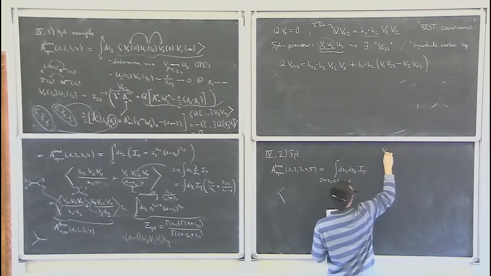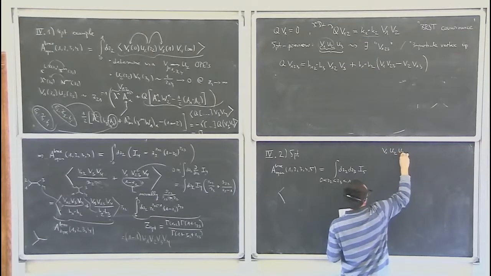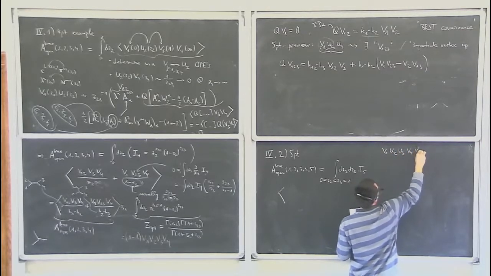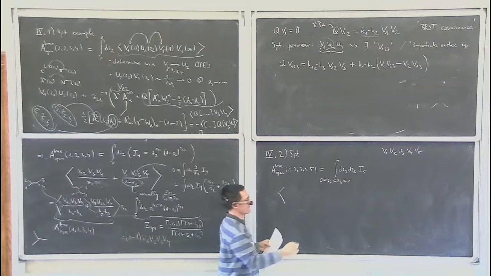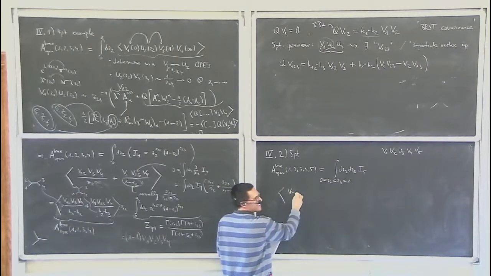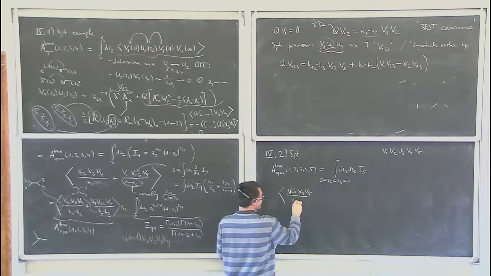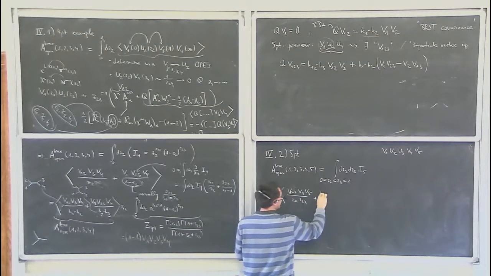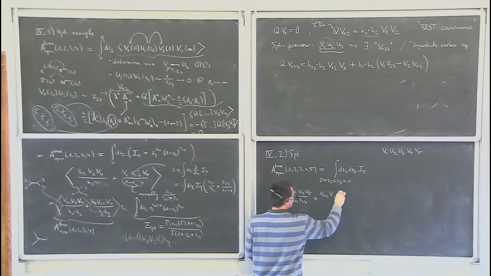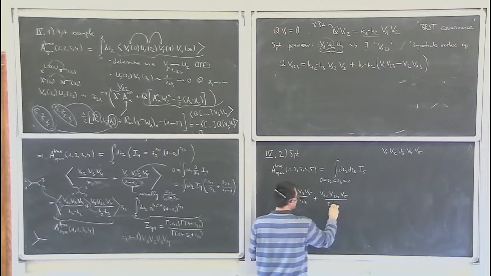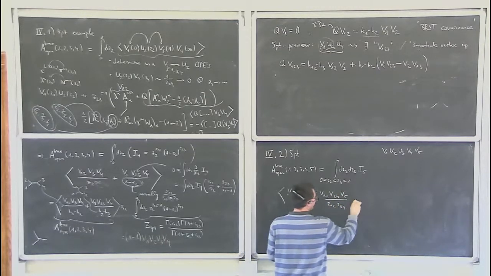What kind of possibilities do we have to perform two OPEs in this expression? I try to be quick.